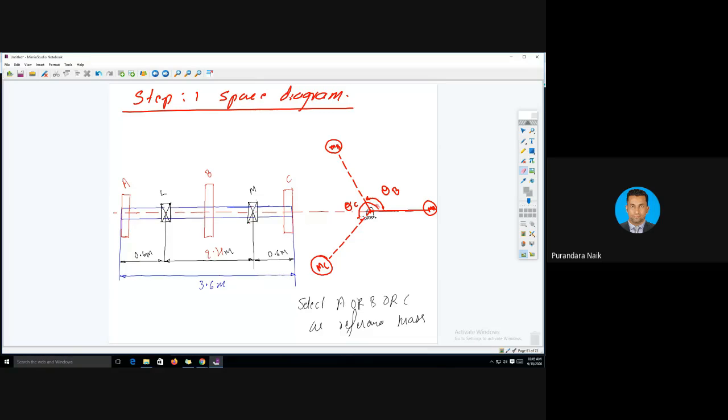Now tell me, what is the angle of A? According to the space diagram, it is 0 degree. We have considered it as 0 degree, but it is not given in the problem. You need to assume it as 0 degree.